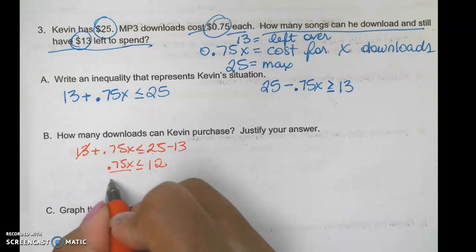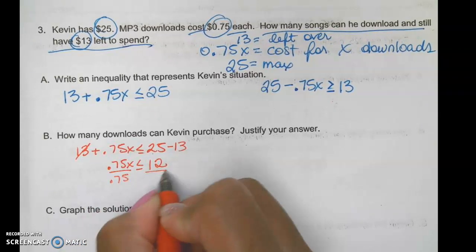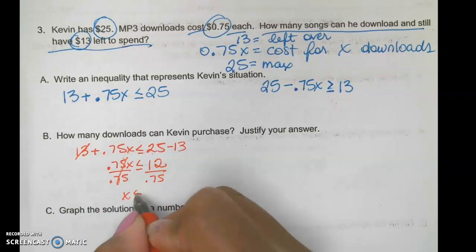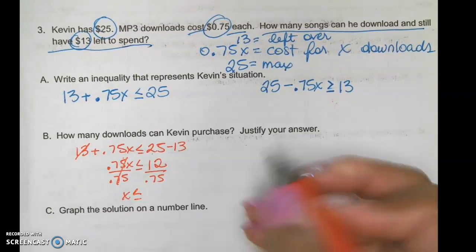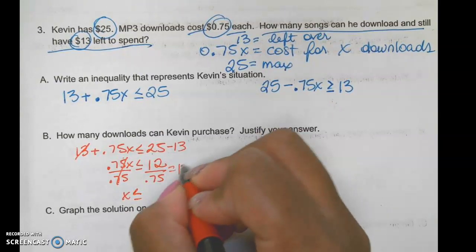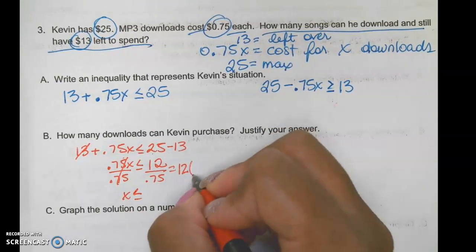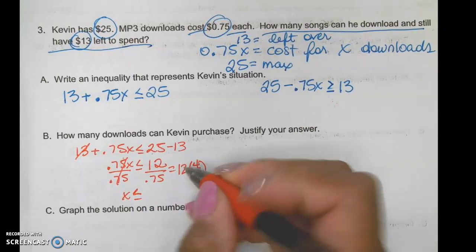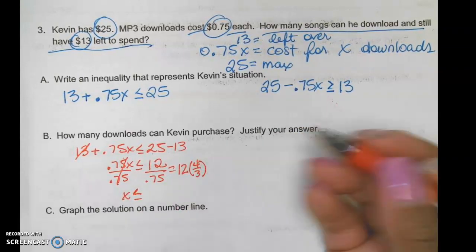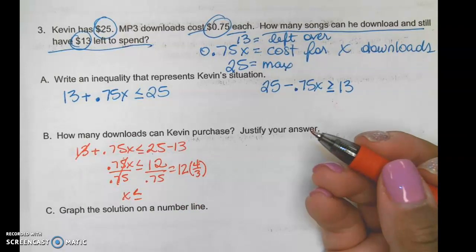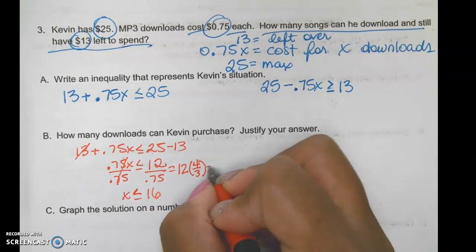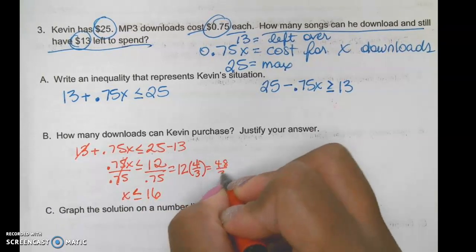So then I divide by 0.75, divide by 0.75, cancel it out. X is less than or equal to, this is the same as 12 times 4/3, which is 12 times 4 is 48, then divide by 3 is 16.